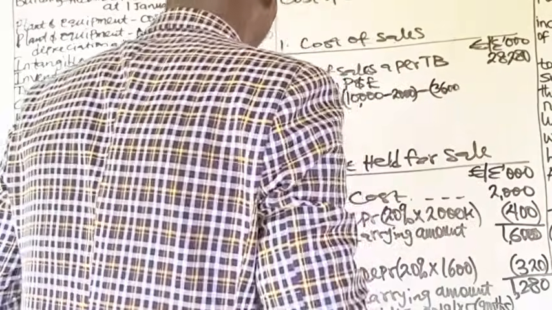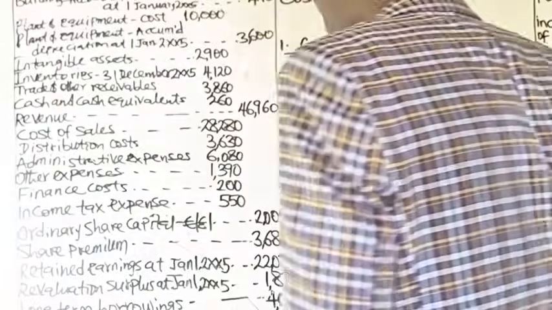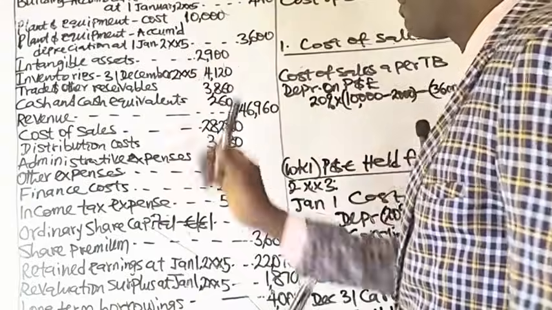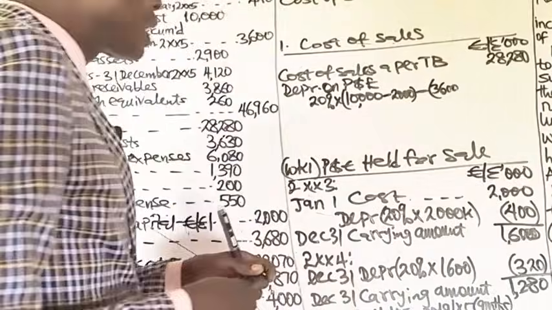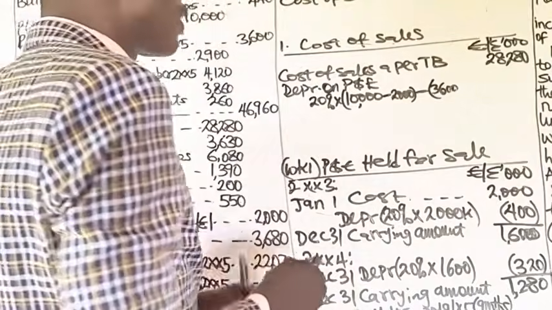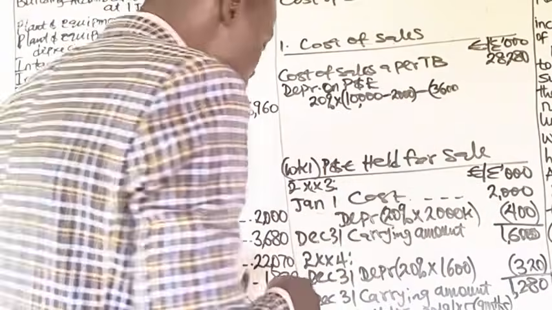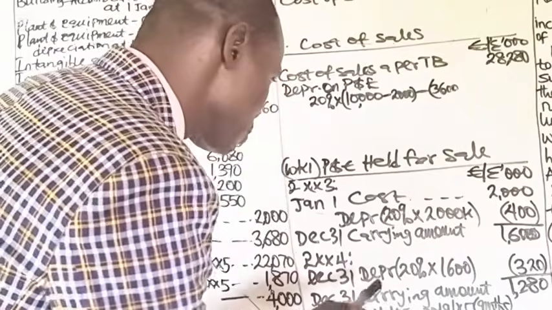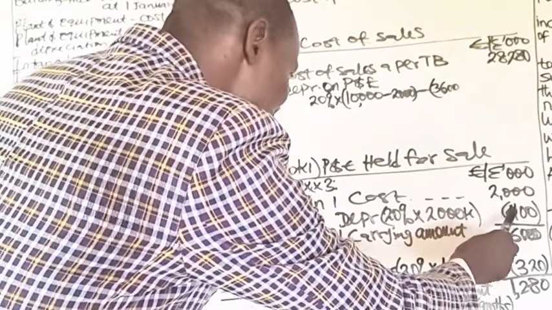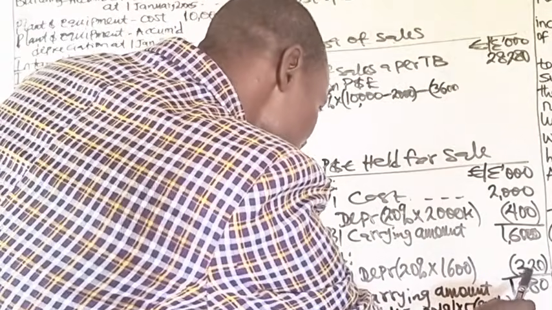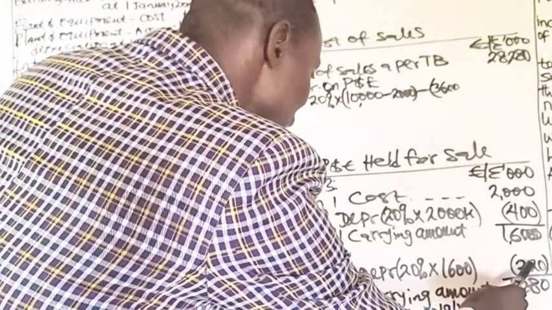Then, if 3.6 million is the accumulated depreciation at 1st of January 20X5, how much is the accumulated depreciation on assets which was classified as held for sale as at that same date? You know, in 20X3, 400 was charged. In 20X4, 320 was charged.